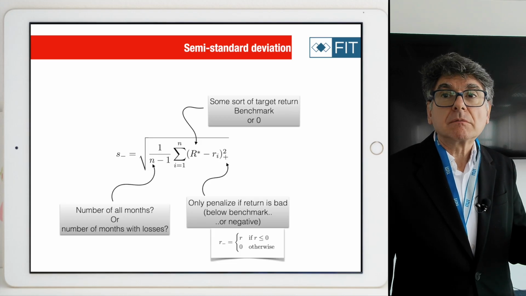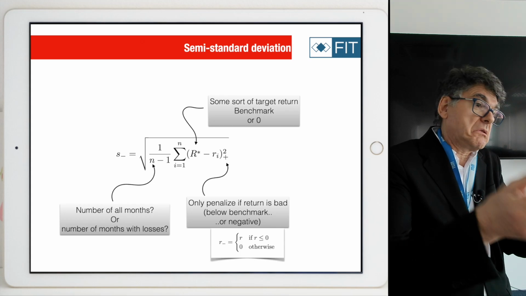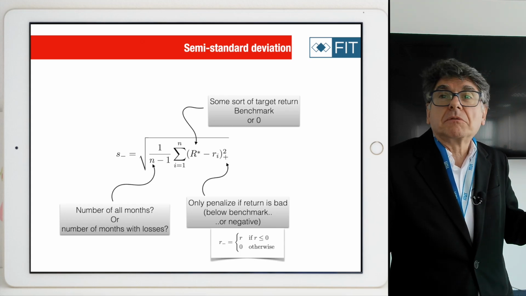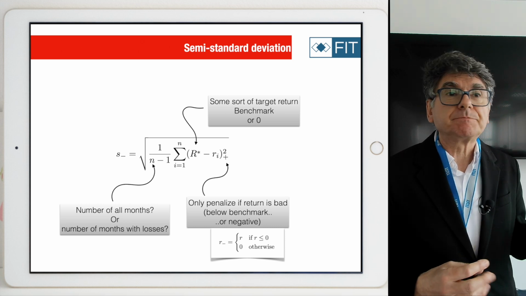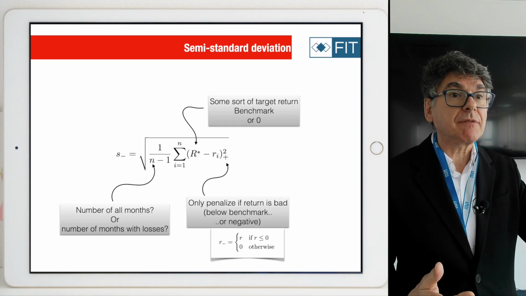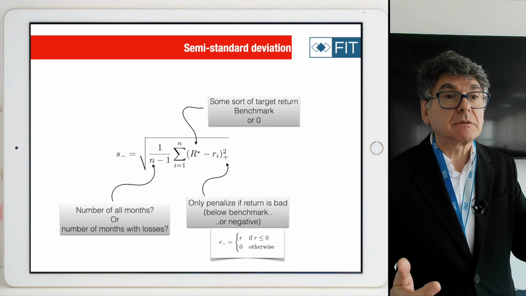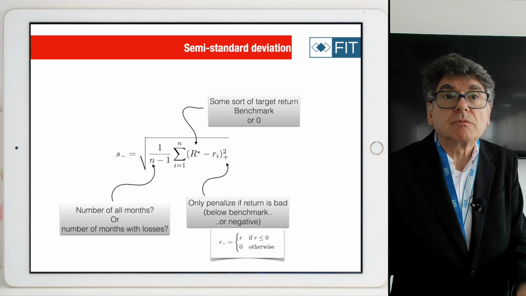Right? Both make sense, and when you're making your voodoo needles, you say, well, I can do it like this or I can do it like that. I don't know. And some people say one, some people say the other. And of course, this is what happens when you're creating something which is not grounded in anything. You have nothing to look at, and you don't know what this has to converge to.